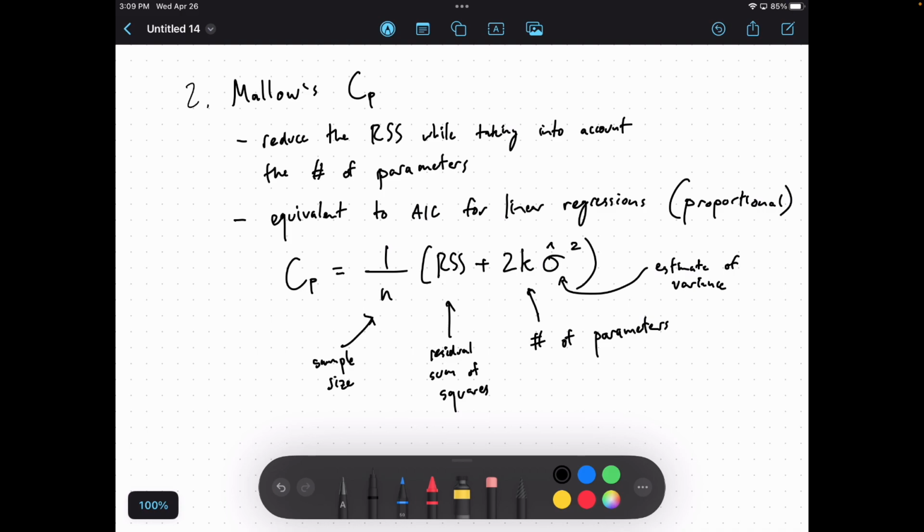Yeah, so it doesn't actually affect them differently. It just changes the proportion that they're in, in comparison. And so the AIC won't exactly equal the CP, but it will be proportional to the CP, and it will remain proportional as your model changes.